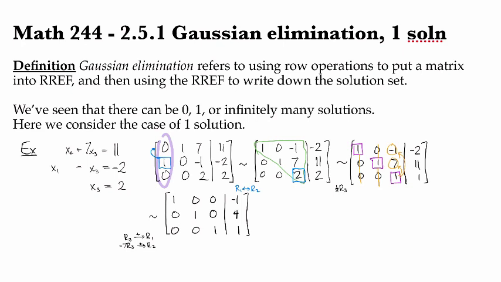So now if I convert this system back into a series of equations, the first equation says 1x1 plus 0x2 plus 0x3 is minus 1, and the next one says 0x1 plus 1x2 plus 0x3 is 4, and the last one says 0x1 plus 0x2 plus 1x3 is equal to 1.